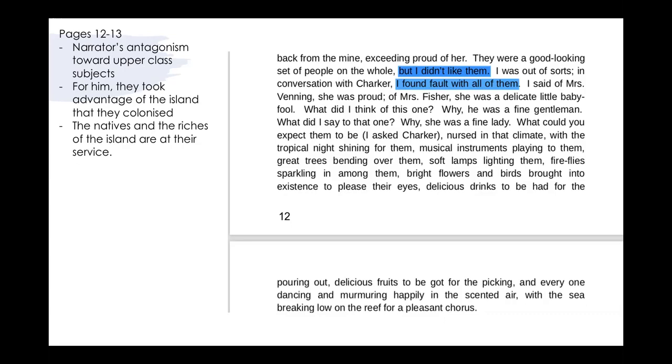The natives and the rich, the trees, what they ate there, the breeze, everything that was beautiful there, and the rich think that the food they got from the nature of the island is at their service.